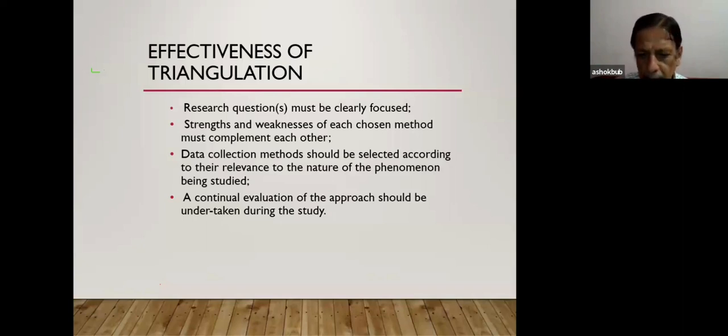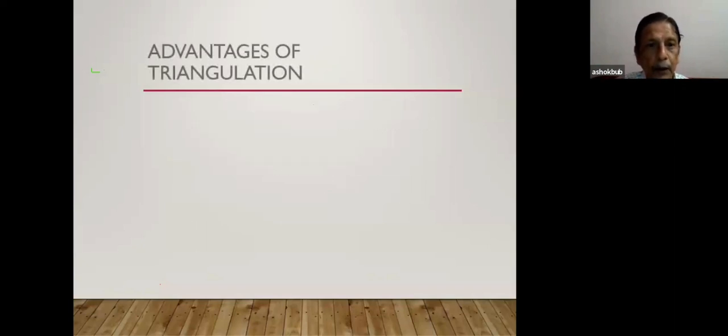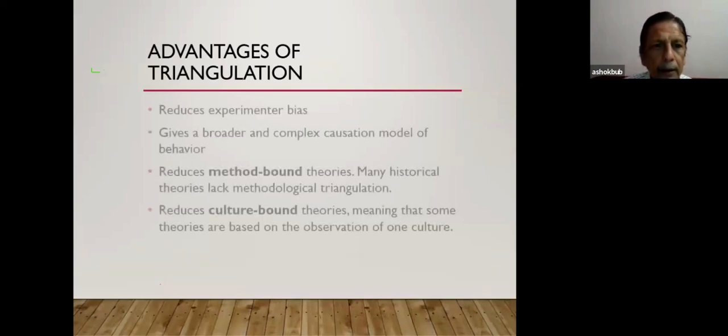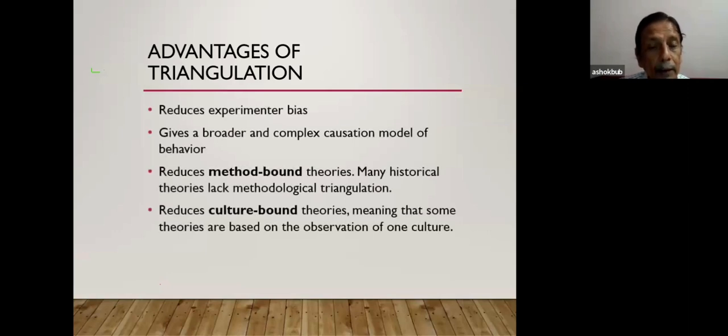So that's one factor. Now, what are the advantages of triangulation? The primary advantage of triangulation is that it reduces experimental bias. When you use a single method, there is a lot of scope for the researcher's bias.